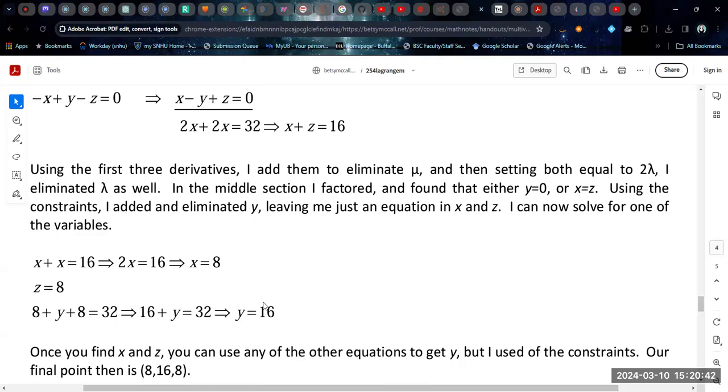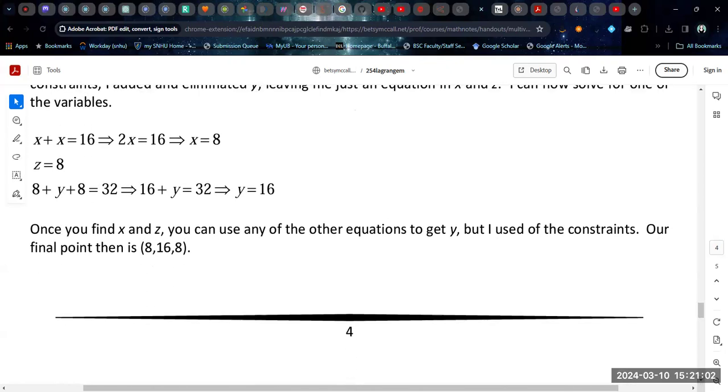And then if both of those are 8, then I can plug that into one of my other constraints and discover that y has to be 16. And I can see that, in fact, this will also work in that second constraint. 16 and 16 minus 16 does, in fact, equal 0. So our final point is 8, 16, 8.